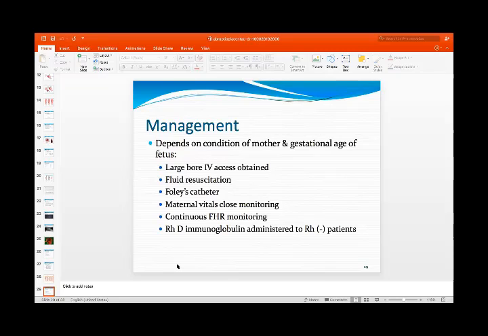Grade 3 is severe abruption with maternal shock, fetal demise, and renal failure along with coagulation disorders. So diagnosis is mainly clinical.